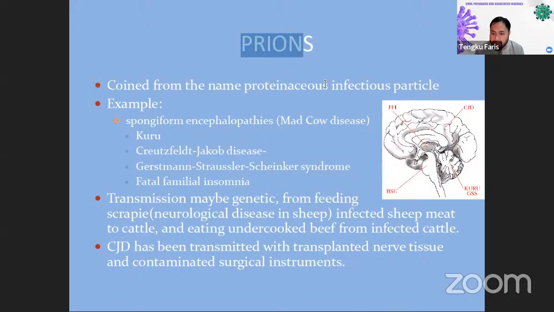So make sure you clean them properly and cook them properly, not undercooked. Creutzfeldt-Jakob disease, CJD, is commonly a disease implicating the nerve tissue, with complications.